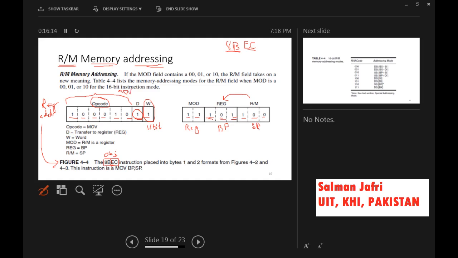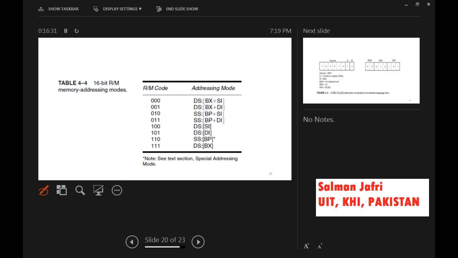So now our instruction becomes move BP, SP. So this is basically our instruction now. So now we converted from object code into the assembly language code. We did it the other way around.